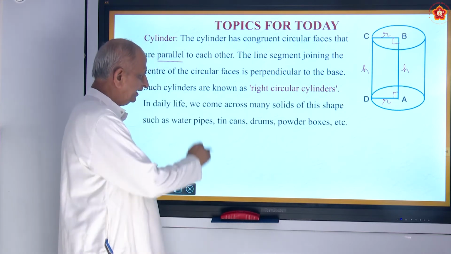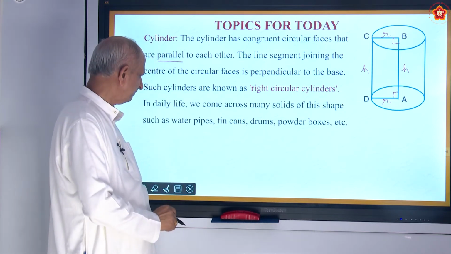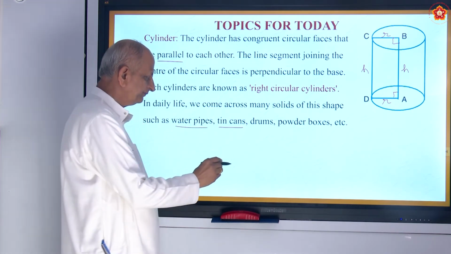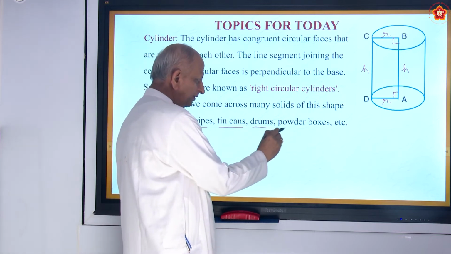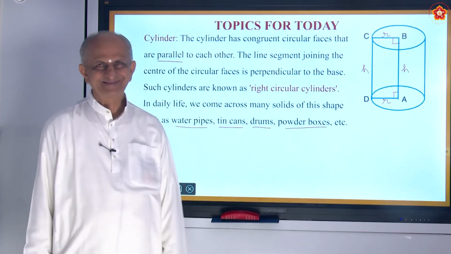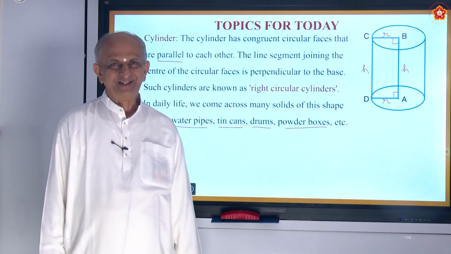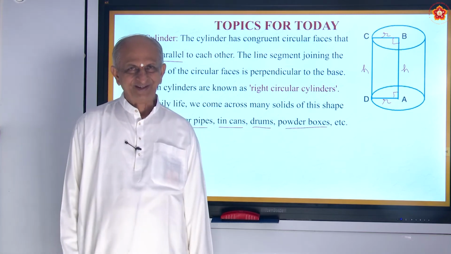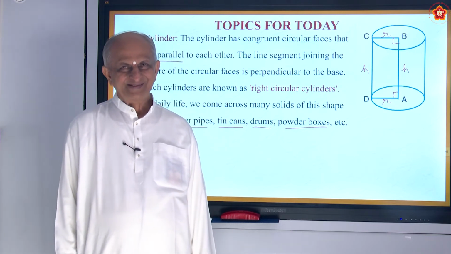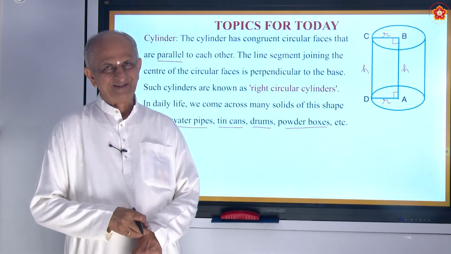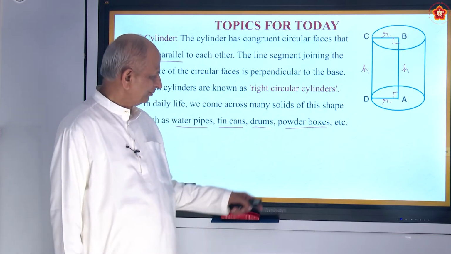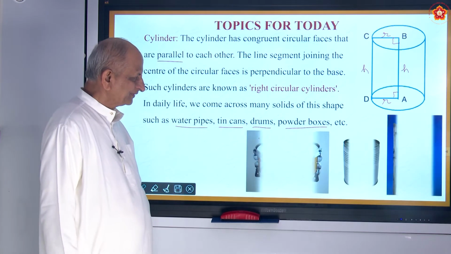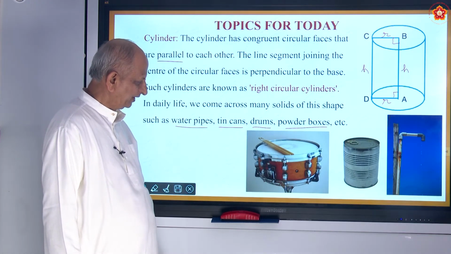So in daily life you come across many solids of this shape, like water pipes, tin cans, drums, powder boxes. If your sister is there in a house, or your mother also may be using powder boxes, Johnson & Johnson, or some other. So many are there in the market today. Most of them will be in cylindrical shape, correct? So 1, 2 or 3 are here now.